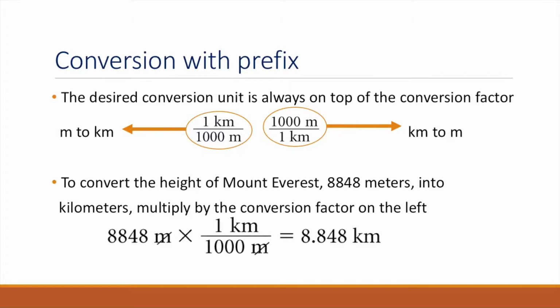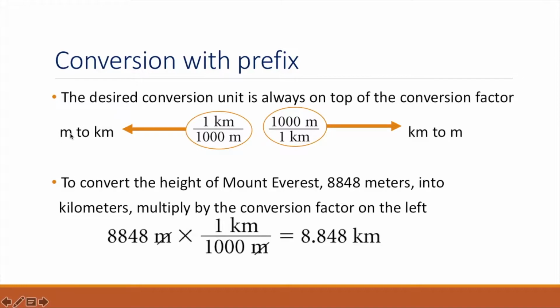In order to switch between different units, we have to use conversion factors, which we've talked about already. The desired unit always goes on top, so wherever you are going goes on top. What you are starting with will always go on the bottom. So for example, I'm going from meters to kilometers.